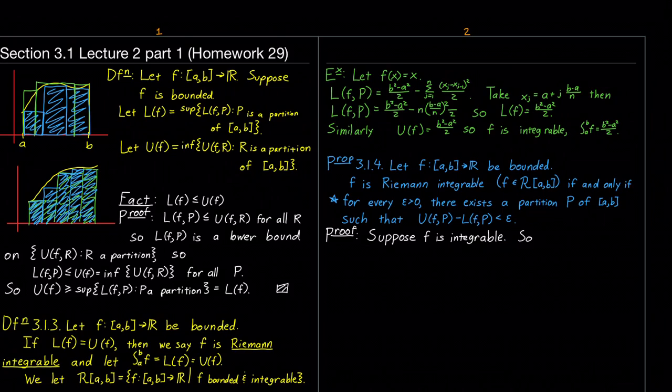So the infimum of the upper Darboux sums is the supremum of the lower Darboux sums. This is also known as the integral from a to b of f. And we've made this argument many times before.